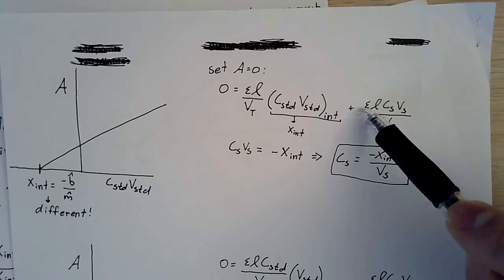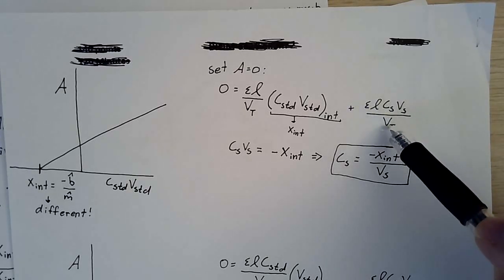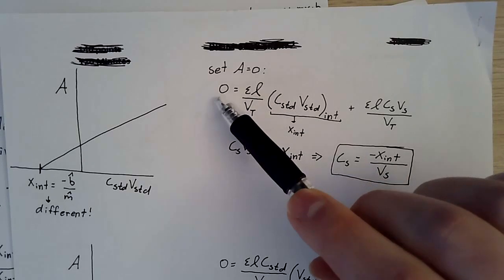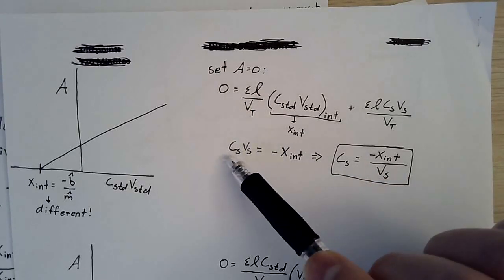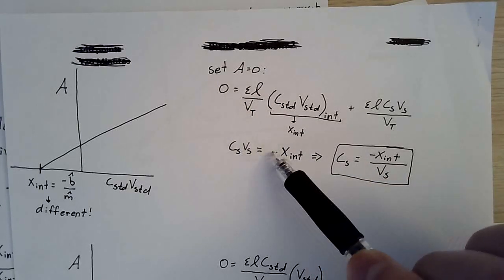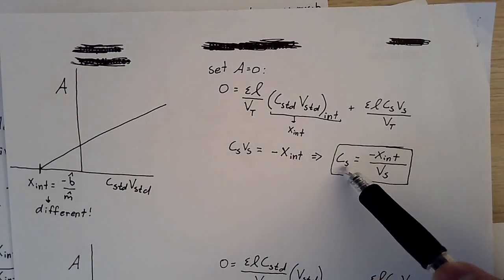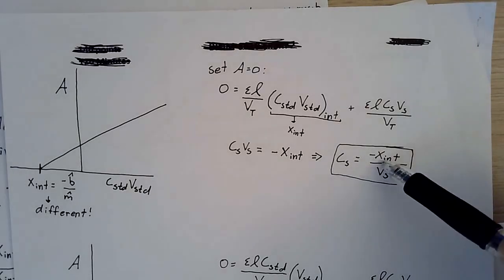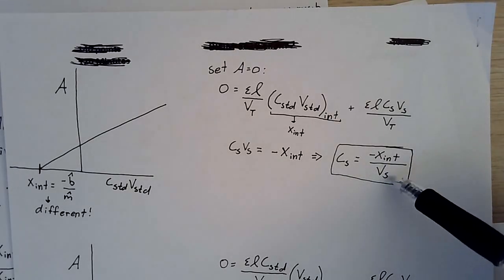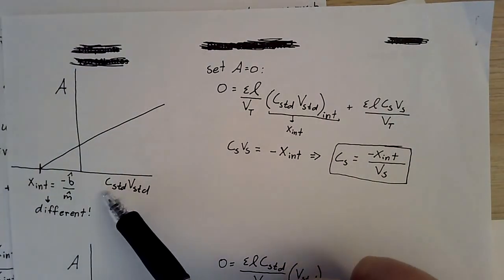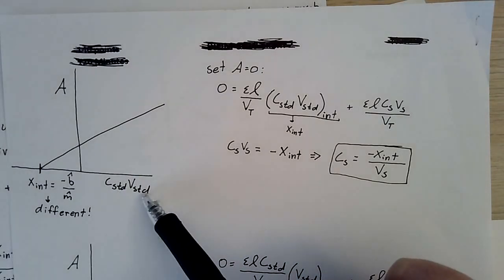And the epsilon L divided by total volume, that all cancels out from each term because it's 0 on this side. So you get Cs times Vs equals minus x-intercept. So that the concentration in the sample solution will be negative x-intercept divided by volume of sample solution added. So that's if you plot it against this.